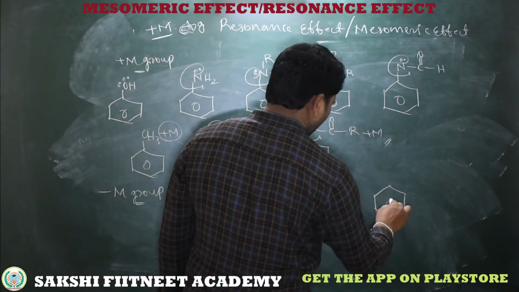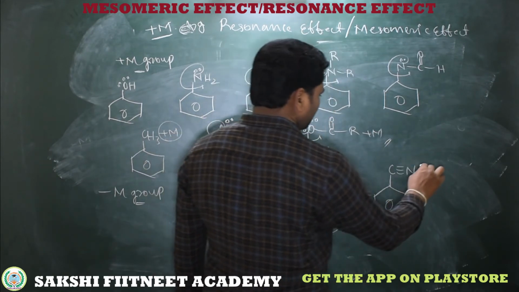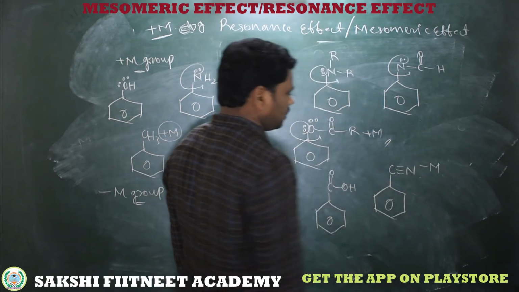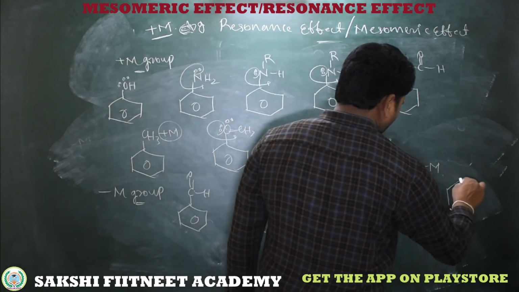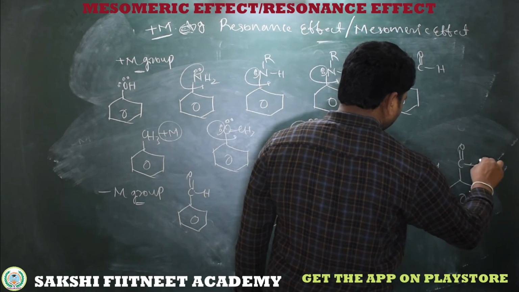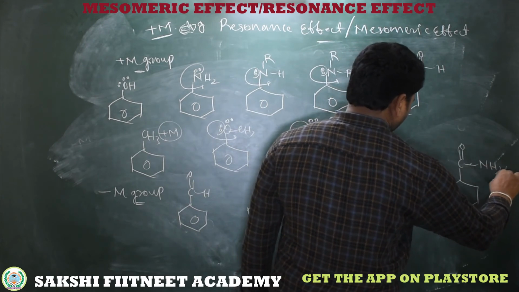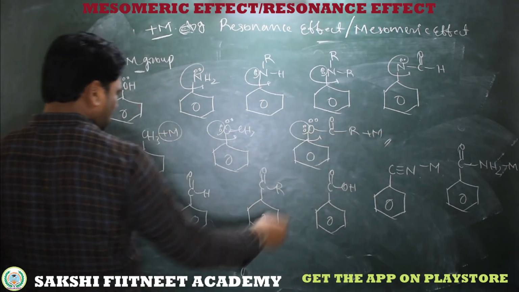Now here I am taking a nitrile group, benzonitrile, which acts as a minus M group. Here is aryl amide, which acts as a minus M group due to carbonyl carbon.